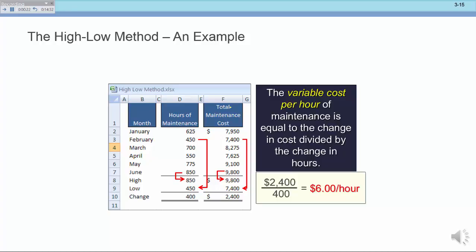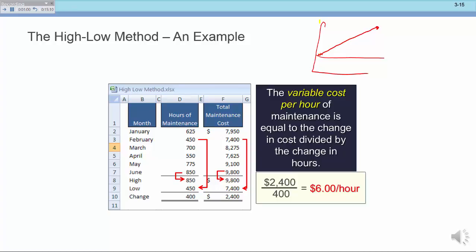And so they looked at the difference between the high point and the low point on these observations. So in effect, if you were thinking about that chart that we had a minute ago, there's our fixed cost, and all they were doing was essentially saying, we're going to take the high and the low point on this chart, and we're simply going to assume that all the observation points line up along this line.